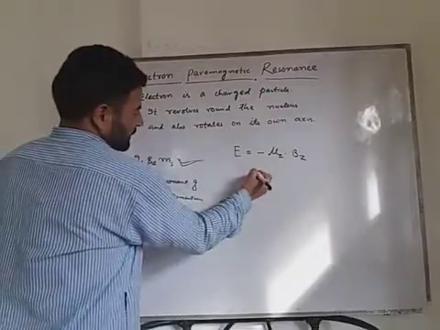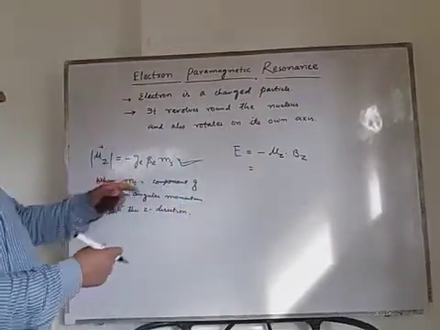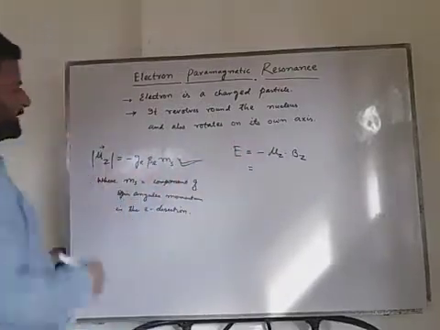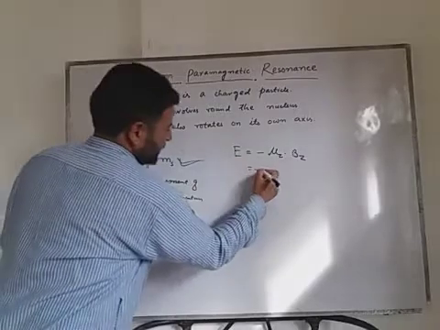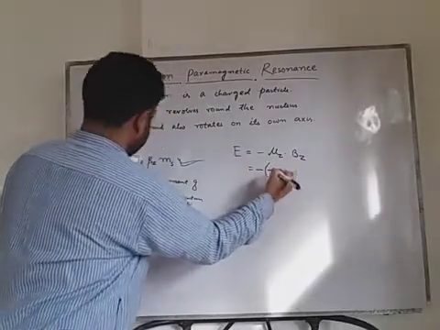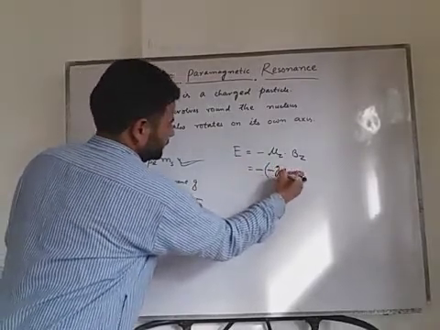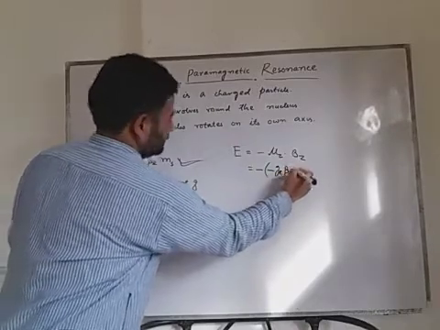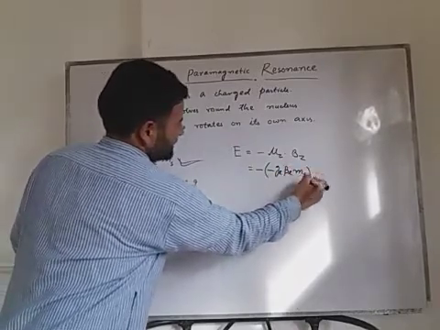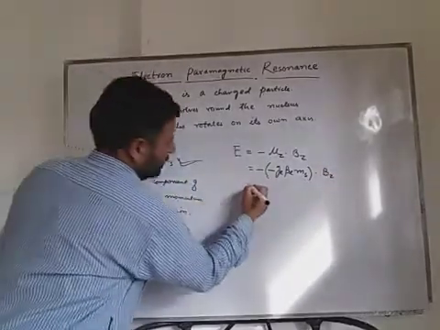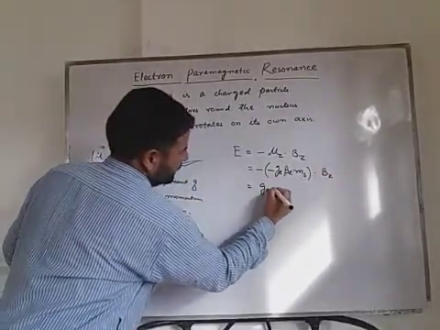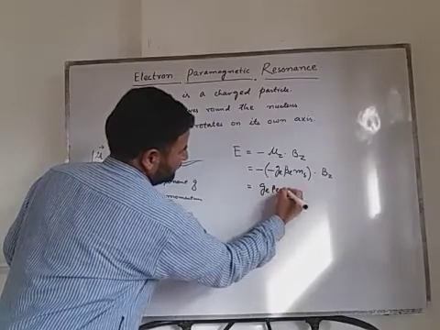So if we substitute the value of this mu z in this equation, it will be like this: E equals GE beta E Ms multiplied by Bz.